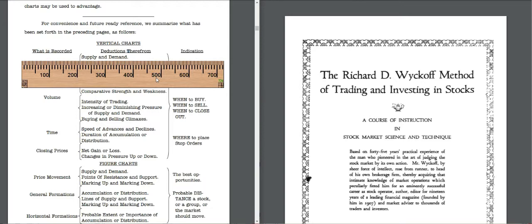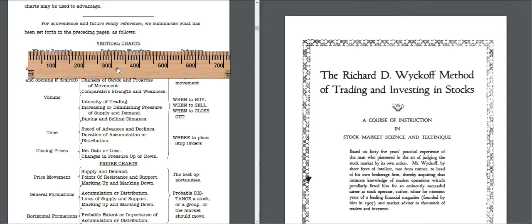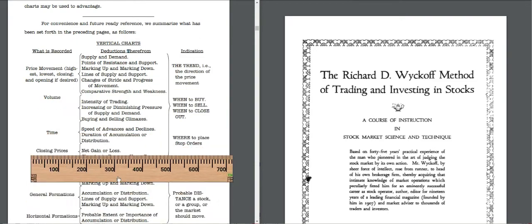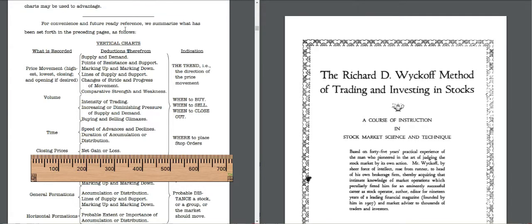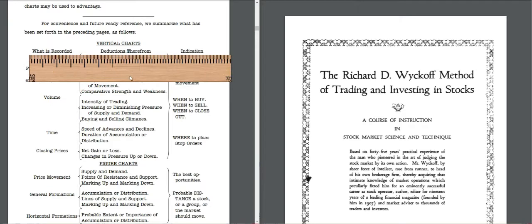Anyway, I will start by going over the types of charts and then going over some studies and stuff like that. We'll start off here because the rest of it before page 42 is just an intro. It's not really learning, so it's pointless for me to go through it. And he just says to do the course over and over again, because then it gets impressed in your mind.